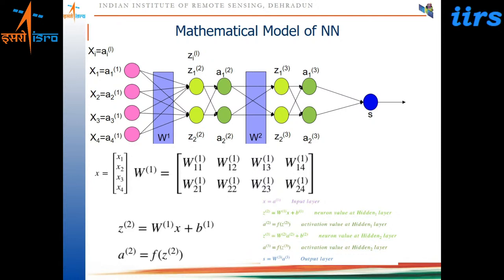So after the first and second, the third layer output is simply a summation of the third weight matrix, which is going to multiply the input value from layer 3 activation functions A1 and A2.